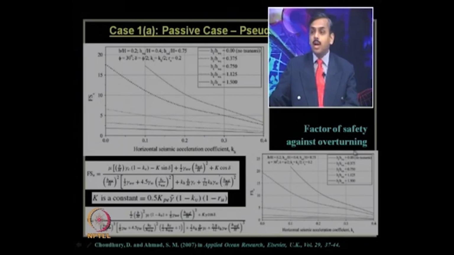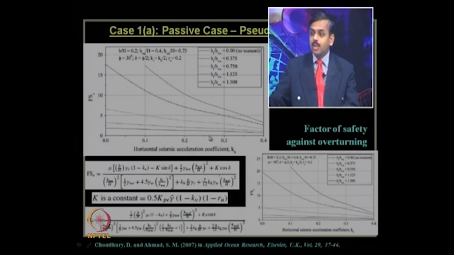Similarly, for the overturning mode of failure also, the factor of safety is represented, and can you observe one thing? Earlier we know for the static condition, for the no tsunami condition, that factor of safety against sliding is decreasing drastically as the seismicity or seismic acceleration increases.